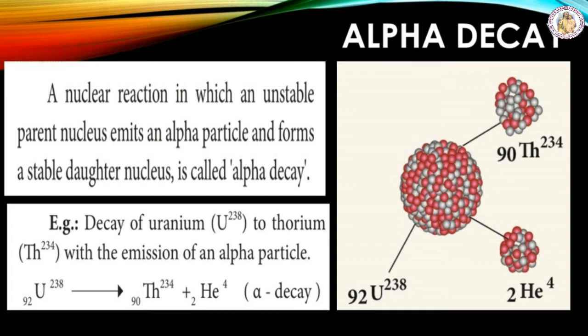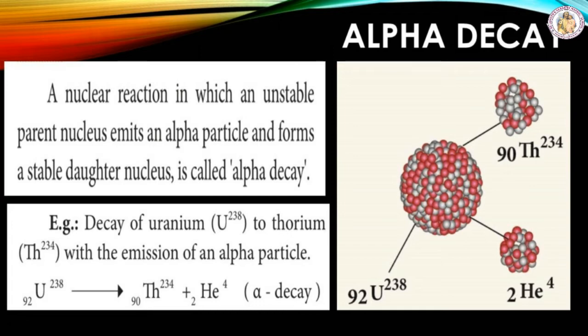So uranium goes to thorium Th-234 with the emission of an alpha particle. When uranium undergoes the decay process and emits the alpha particle, it becomes thorium.